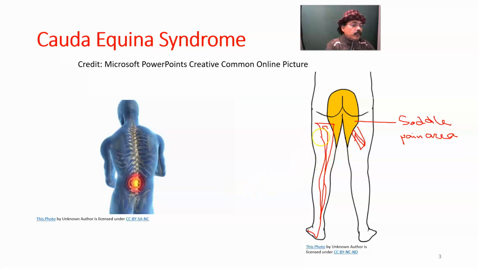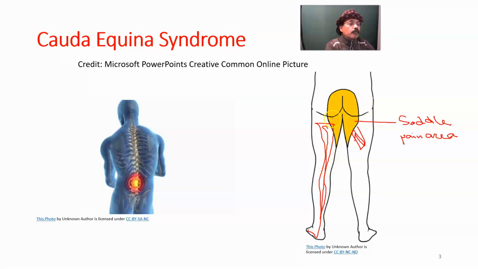Not only is sensory innervation lost, we also have loss of motor innervation, so the knee jerk will be diminished, the ankle jerk will be diminished, and the person will be unable to dorsiflex the foot because of nerve weakness. Knee jerk will be diminished because lumbar 2, lumbar 3, lumbar 4 nerve roots may be compromised.